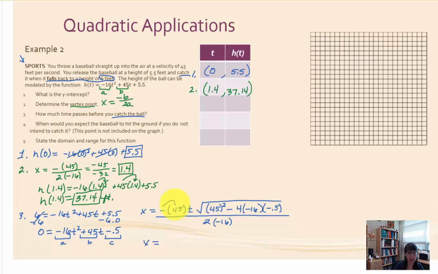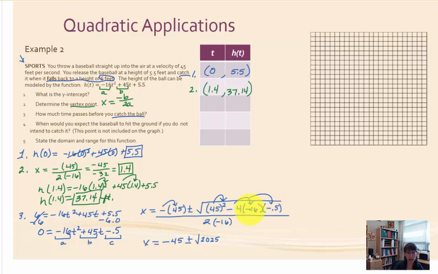Simplifying, we've got negative times positive 45. That gives us negative 45 plus or minus what's under the radical. So we're going to first square the quantity of 45, and that gives us 2025. And our three factors are negative 4 times negative 16 times negative half.